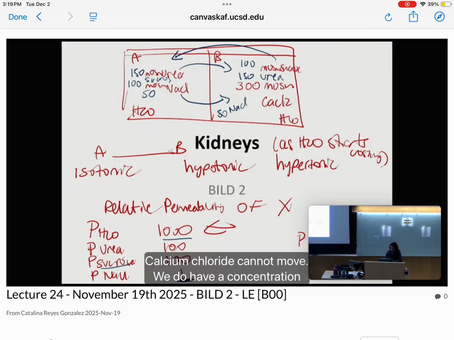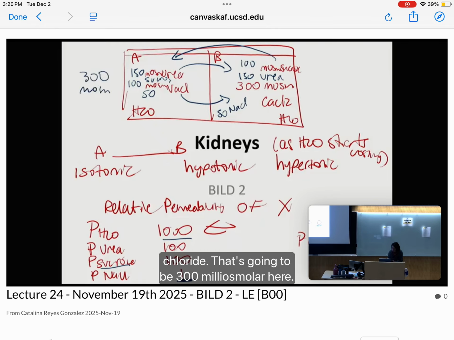How about calcium chloride? Calcium chloride cannot move. We do have a concentration gradient trying to move it from B to A, but the permeability is 0. So calcium chloride remains there. So we add up the osmolarity, sorry. So we have 150 urea, 100 milliosmolar sucrose, and 50 sodium chloride. That's going to be 300 milliosmolar here.